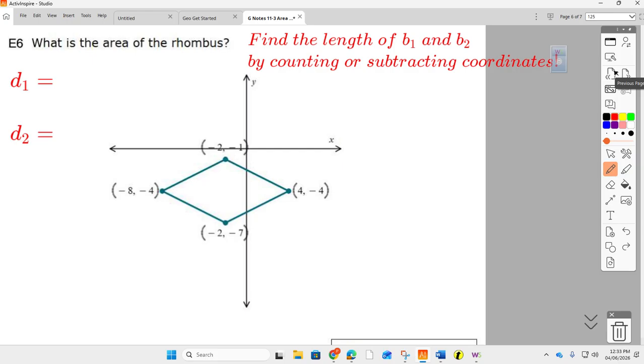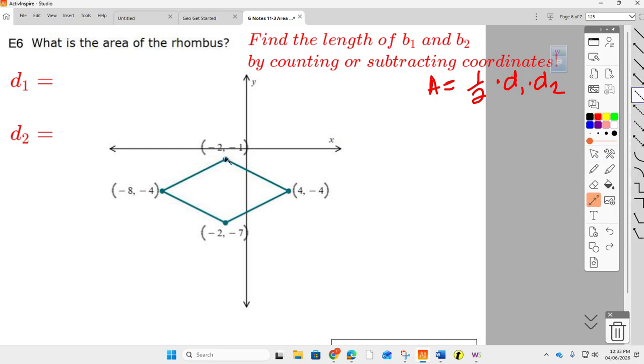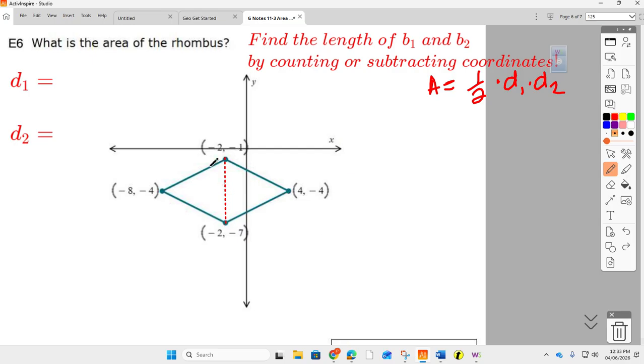What's the area of the rhombus? Let's remind ourselves, this one is not on your formula sheet. It's 1/2 times diagonal 1 times diagonal 2. We're counting or subtracting here again. We're going to call this one diagonal 1. How long is this diagonal? This is negative 1 here, and this is negative 7 here. If I count down, that would be 6.